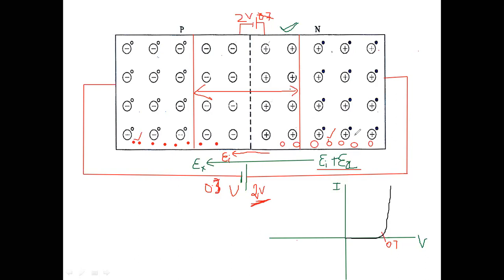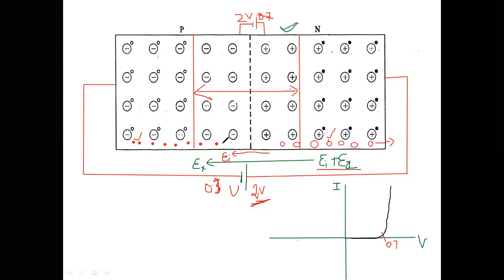Even though these are minority charge carriers, there is one point to remember: it is highly doped. So even though these are minority charge carriers, their number is somewhat high.